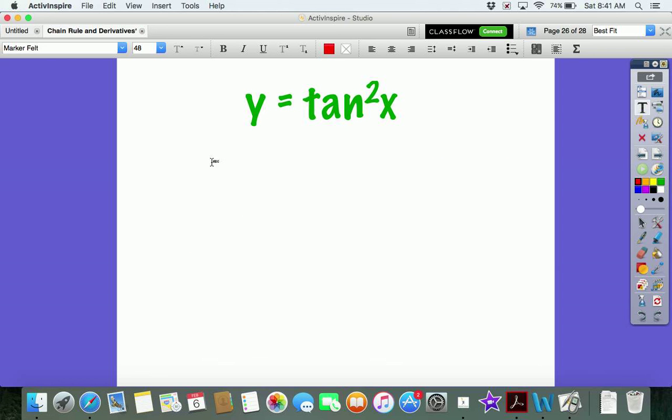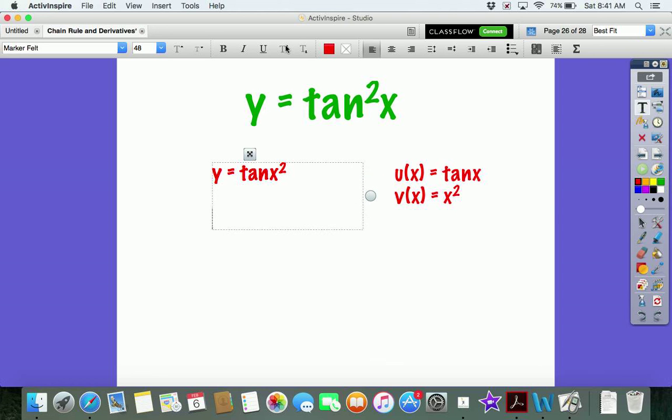Here's the next example. We have yet again another chain rule. Remember, this same thing can be written as tangent of x squared. So we'll have our two functions. Our outside function is tangent x, and our inside function is x squared. You don't need the parentheses to know which is the inside function and which is the outside function.